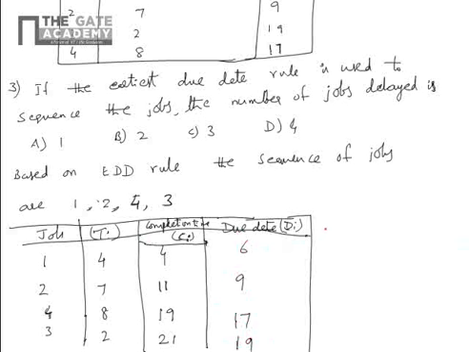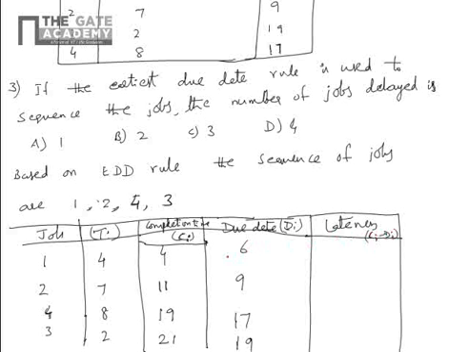Next you have to calculate the lateness. How many jobs are late? Whichever has a positive value is late, as we discussed above. Lateness is nothing but Ci minus Di.